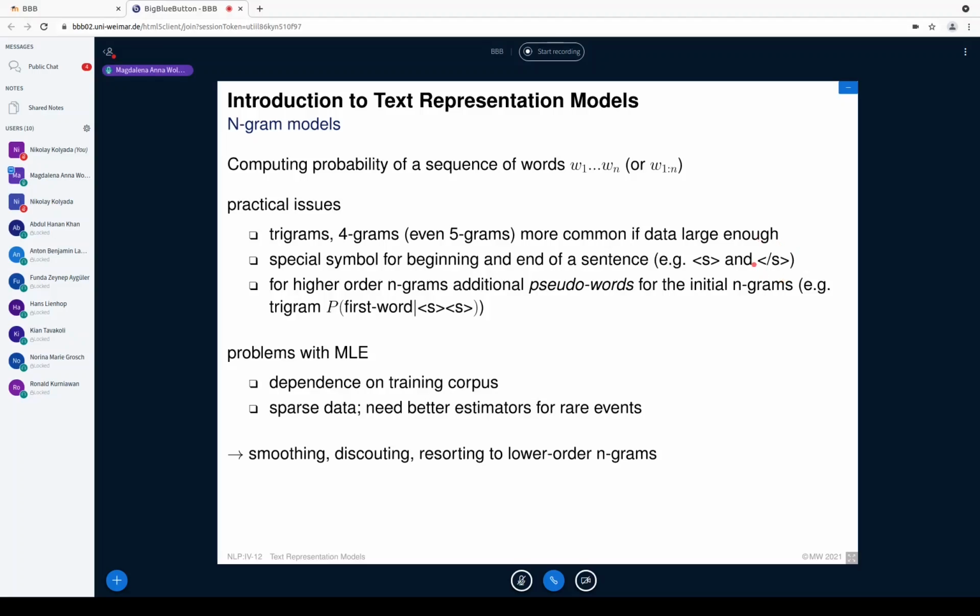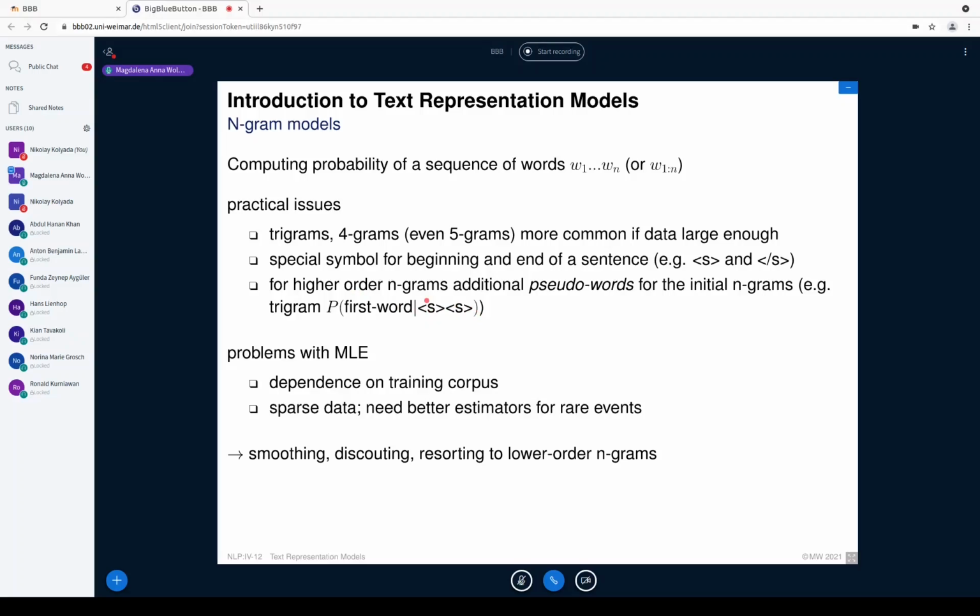The pseudo word is the token to be predicted based on the final word in the sentence. Of course, for higher order n-grams, we will need correspondingly more of those pseudo words. For instance, for trigrams, we will want to predict the first word given two pseudo tokens that start it, so that we have a trigram at the end, not a bigram. So these are technicalities.